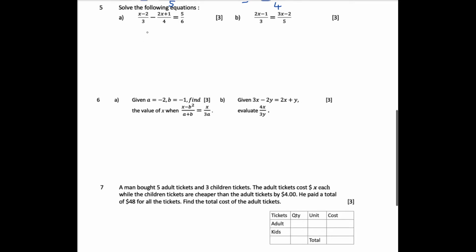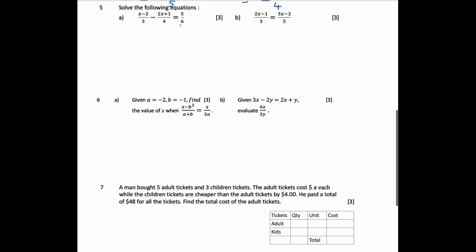Here we have an equation, a fractional equation. In the first fractional equation, we have two fractions on the left-hand side. So we cannot cross multiply unless we have a single fraction on each side, as in this case. So for here, we multiply throughout by the LCM.